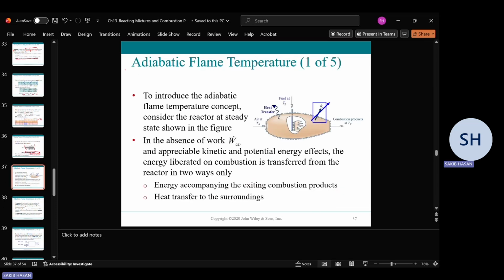Now, the next part is the adiabatic flame temperature. Previously, we looked at the idea of a theoretical amount of air and complete combustion.